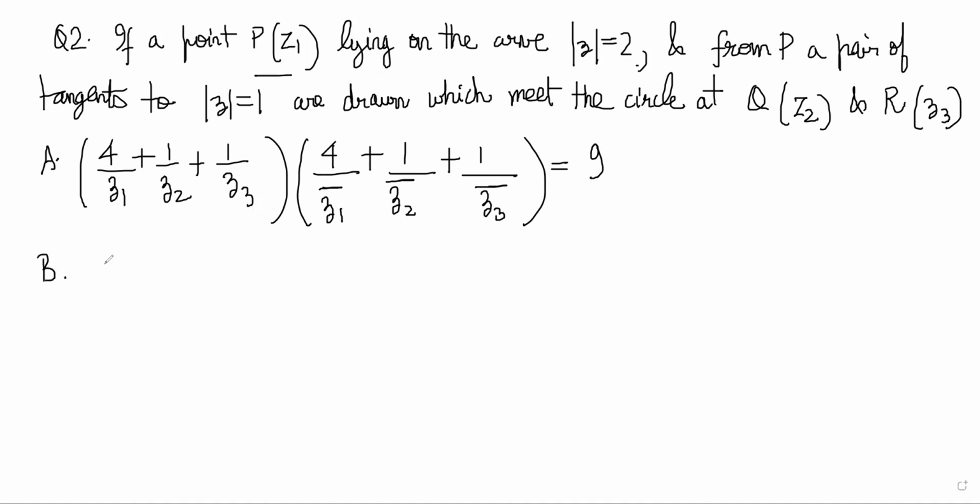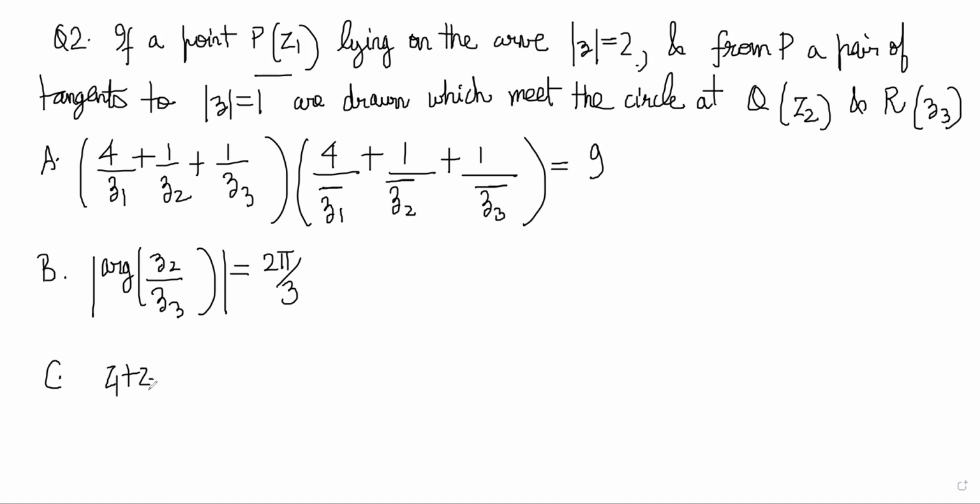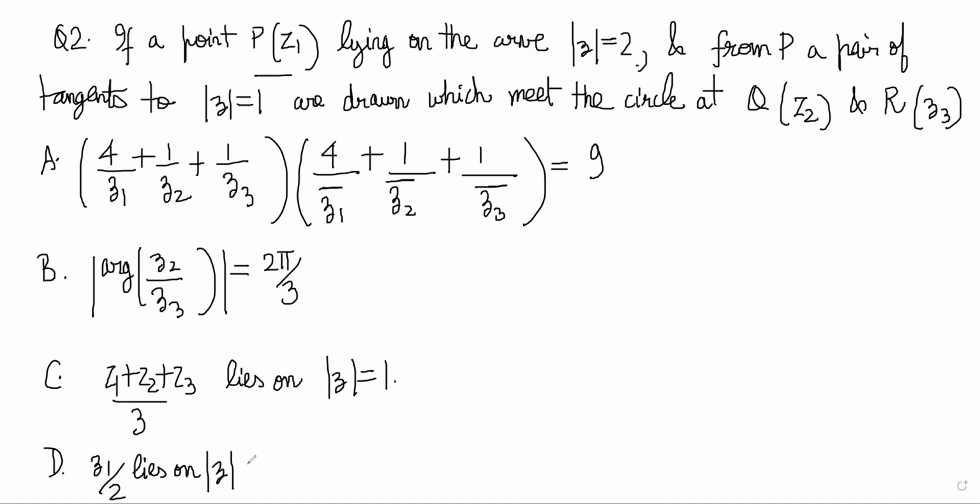The second option is the argument of mod Z2 by Z3 is equal to 2π/3. The third option is (Z1 + Z2 + Z3)/3 lies on the curve mod Z equals 1. And finally, the last option is Z1/2 lies on the curve mod Z equals 1.